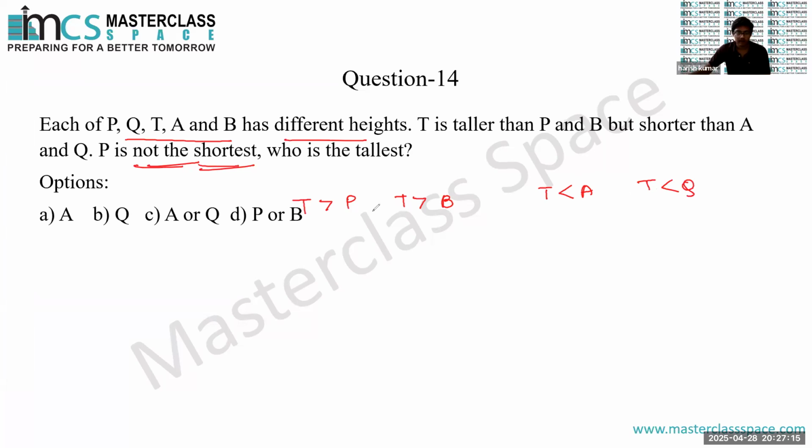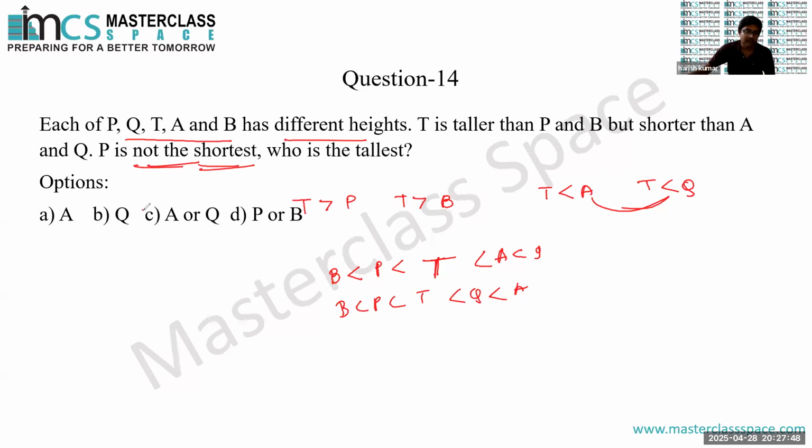T is the middle one. Because T is greater than P, and if P is not the shortest, then of course B will be the shortest. So B is less than P, which is less than T, because T is greater than both P and B. Now there is no relation between A and Q. So I don't know whether it is B less than P less than T less than Q, or less than A, because T is less than both A and Q, right?